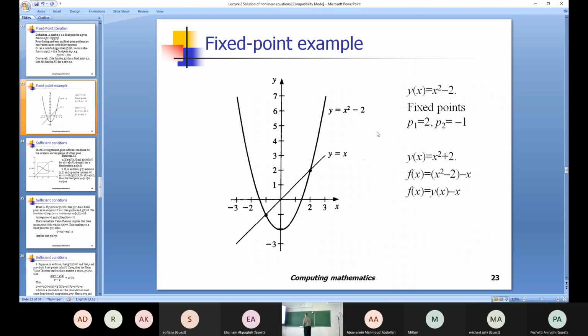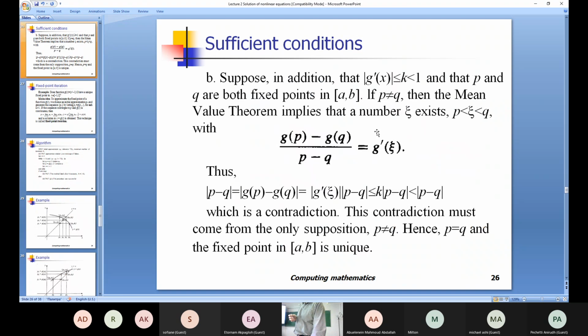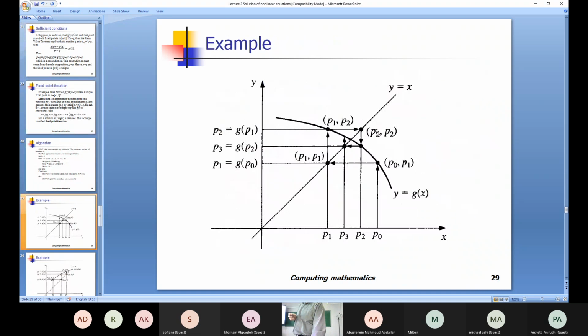In this case it's very simple: g of x equals cos x. And we are going to find a fixed point for the function cos x.